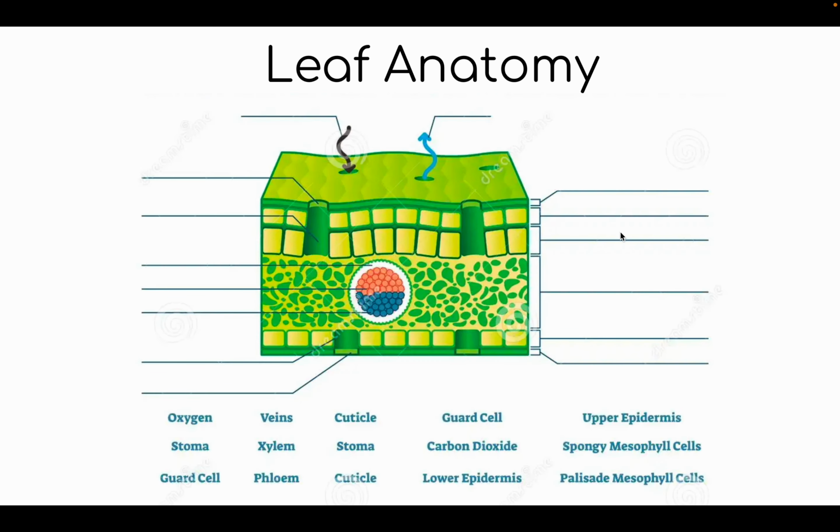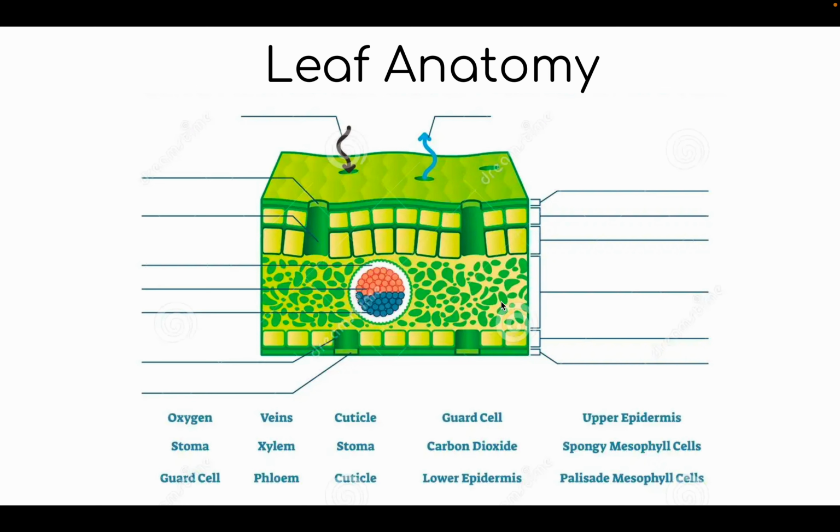Now be careful here. There's a sneaky little trick question in this one. You have to really pay attention to this diagram. Be very careful of where the structures are on this diagram. We talked about mesophyll cells, but we didn't talk about the different kinds.